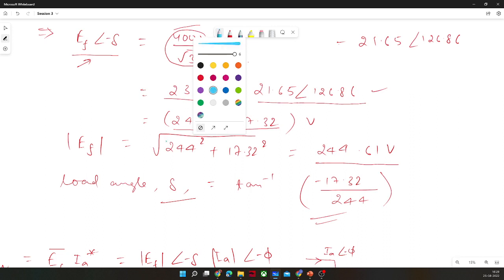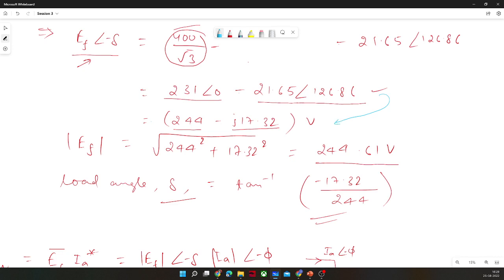Sir, in this step also, the magnitude is root over 244 square plus 17.32 square. Please explain that step. Okay, how I am jumping from this step to this step, you want to ask, right? Yes, sir. See, this was the VT, this was the IA axis, right?